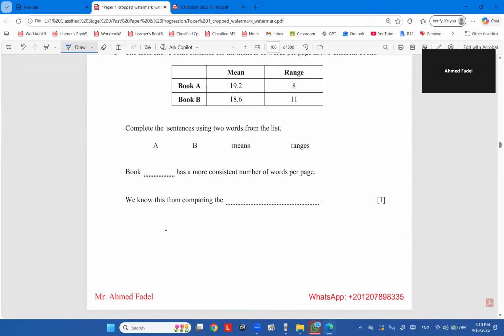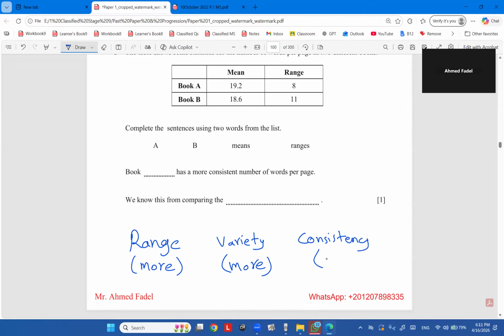Once we talk about consistency, we said we talk about what? We talk about range. So range, if it is more than variety, you can say it is less varied, it is more varied, it's the more variable, less variable. So here, if the range is more, the variety is more. And the consistency is less.